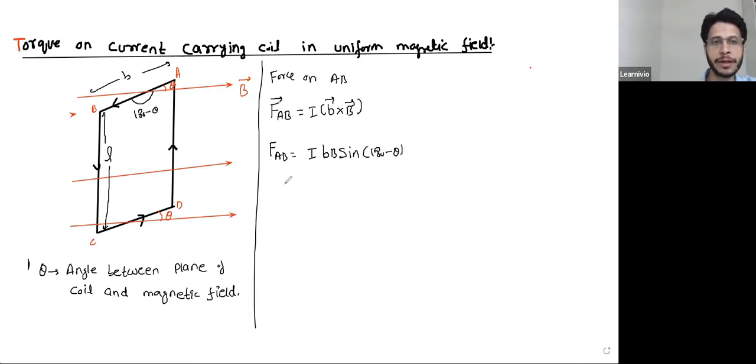In trigonometry, you must have read that sin of 180 minus theta is equal to sin theta. So if I substitute this value, FAB comes out to be I B B sin theta.